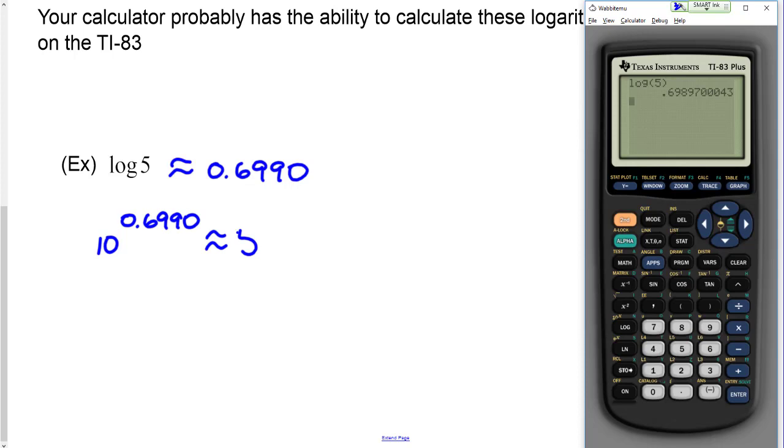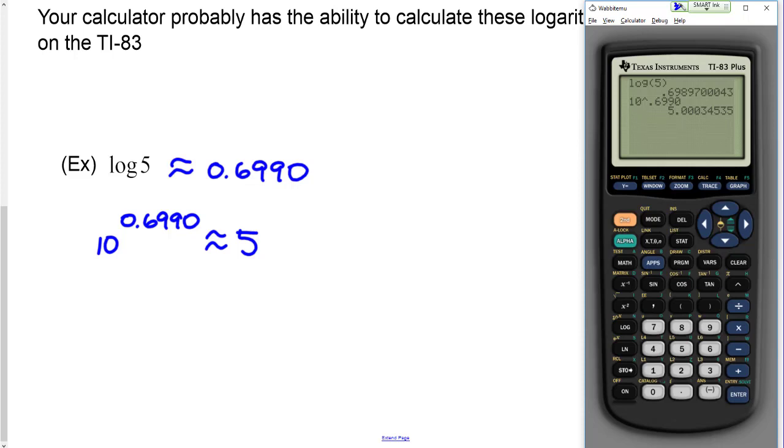That should result in something that is approximately 5. So if I come over here to the calculator and I do 10 raised to the 0.6990, I get something that's approximately 5. So here's that relationship. The answer to the logarithm is the exponent to which the base must be raised in order to get the argument. That's exactly what's happening here still.